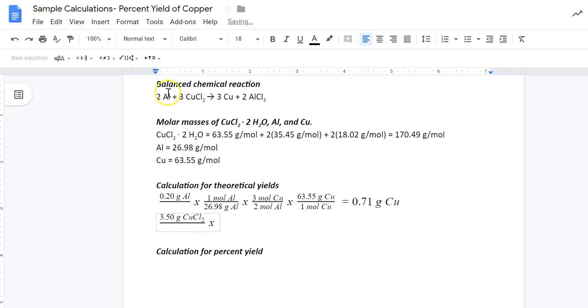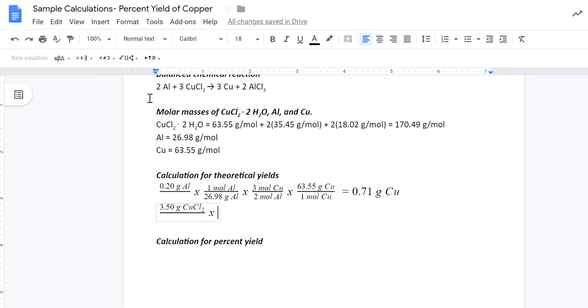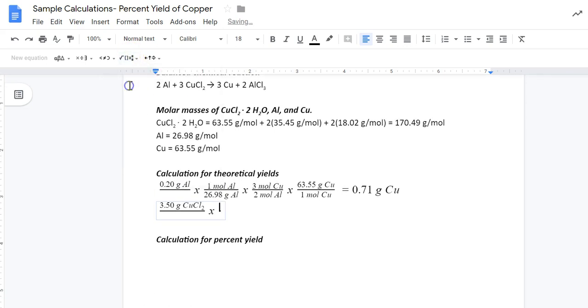Again, if we are starting with grams, our first step is going to be dividing by our molar mass. For every 1 mole of our copper 2 chloride, my molar mass was 170.49 grams per mole. Again, we're solving for copper, so we're going to need a mole ratio.